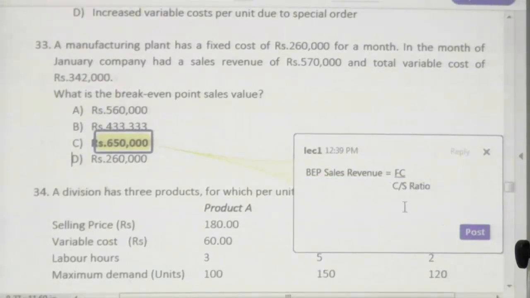Now, you already have your fixed cost. How much is your fixed cost? Your fixed cost is 260,000, but you need to calculate your CS ratio. Let's calculate the CS ratio.